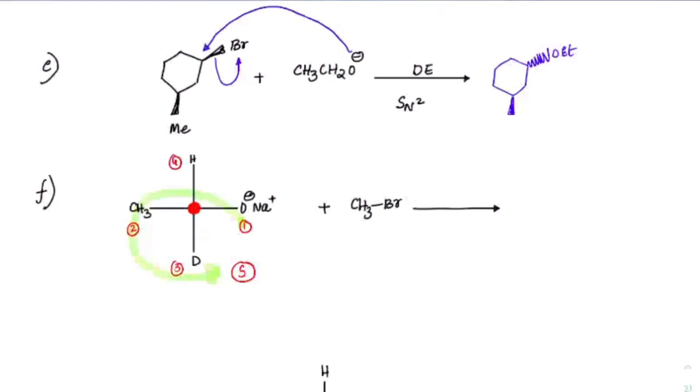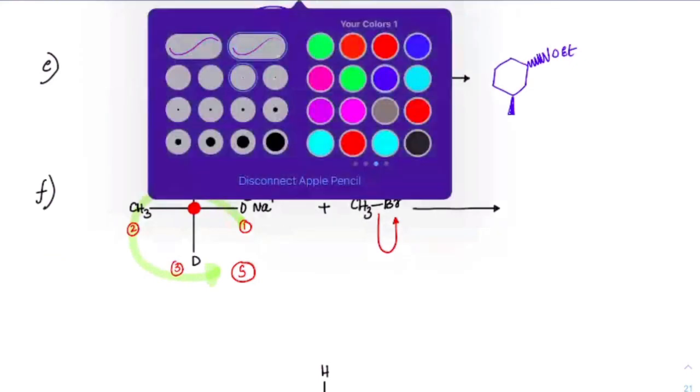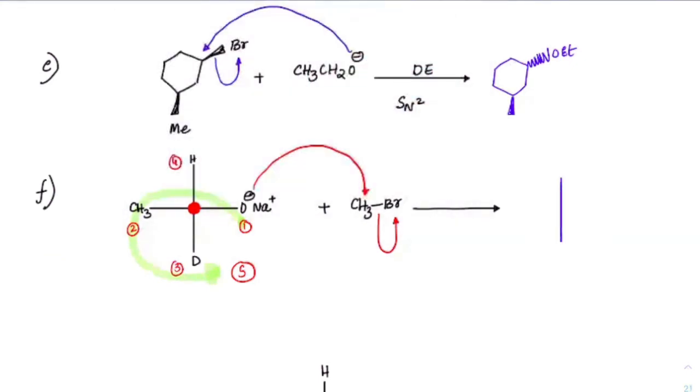Okay, so remember, if your alkoxide has a configured carbon, a chiral center, its configuration is not going to change. So only O minus will attack from here, Br minus will leave from here, and typically we will have a product like this: Me, H, D, and OCH3.